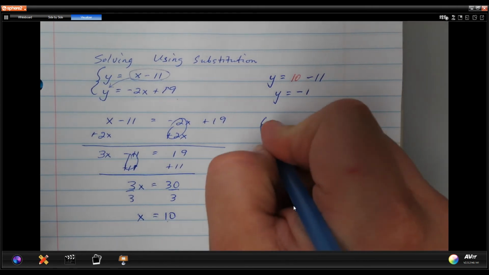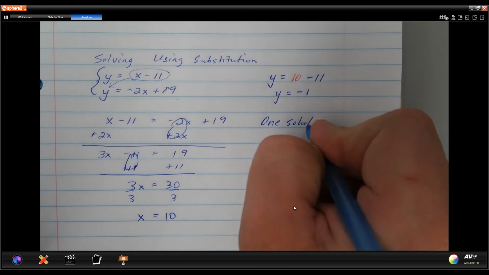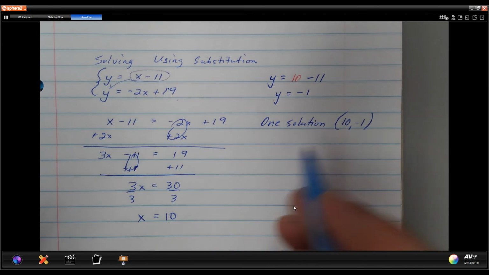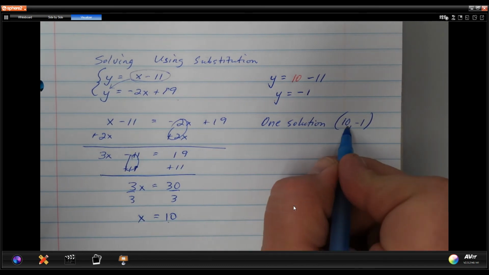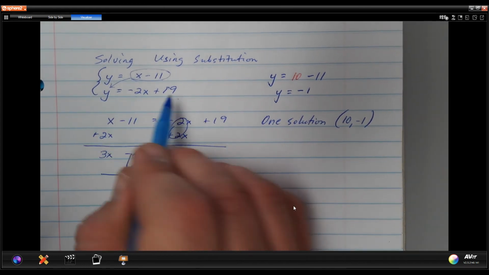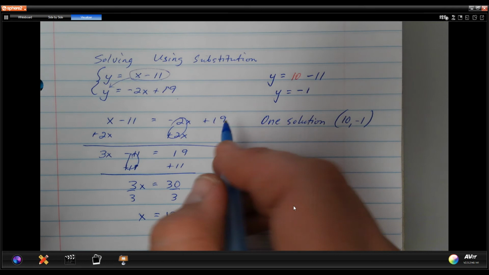With this value, knowing that y is equal to negative 1 and x is equal to 10, I can substitute these two values for what I believe to be the one solution, 10, negative 1, back into the other equation. If this is the right solution, I found the correct x and the correct y, then this will make this equation true as well as the first equation true.